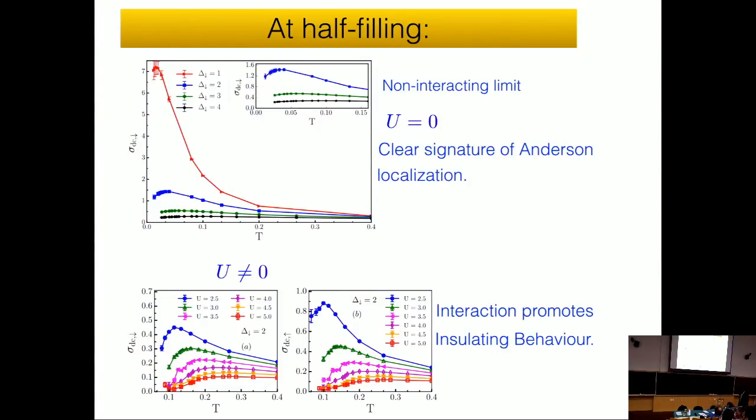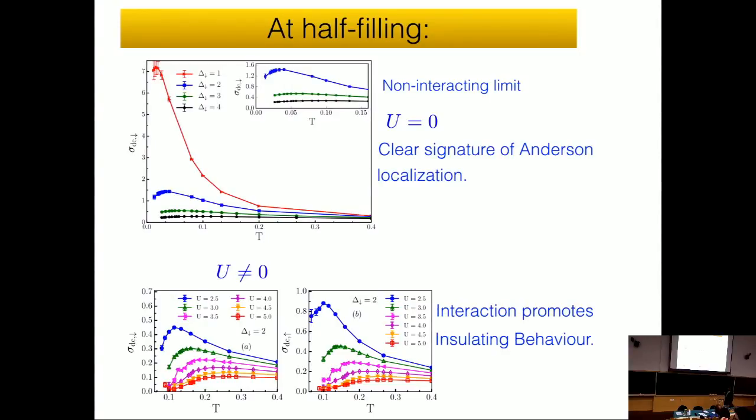And I have to be very specific now. I am right now sitting at a half filled lattice, and this is going to be very, very important for me. I am driving the system in temperature. So I sit at a particular value of disorder, for example delta equal to 2, and I tune my interaction strength.